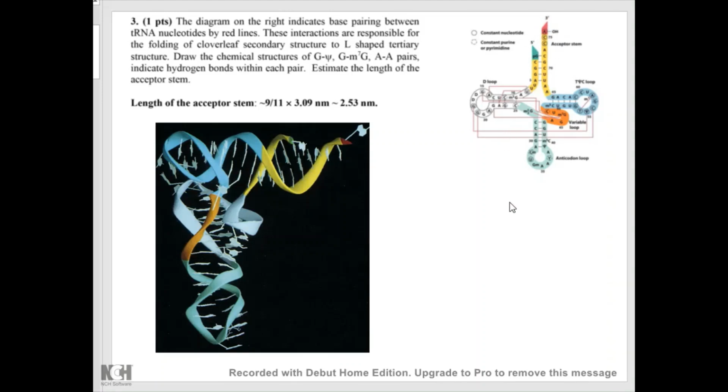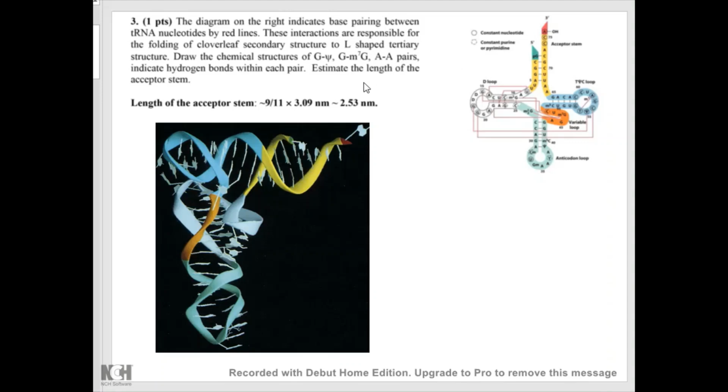And in order to estimate its length, we just simply need to calculate how many base pairs we have, and we have to follow the memorization list in which I ask you to memorize the parameters of A-RNA helical structure.